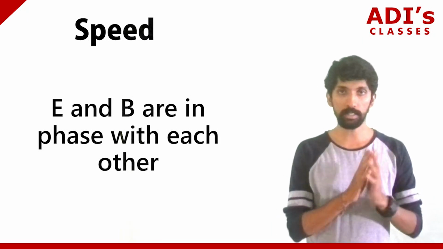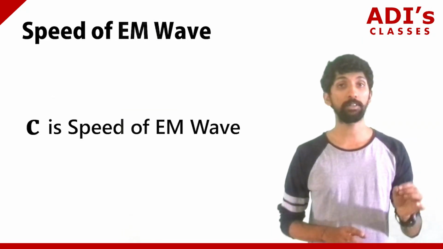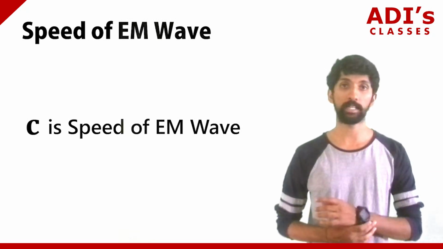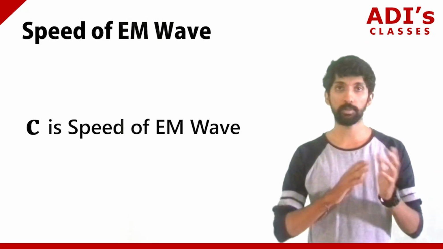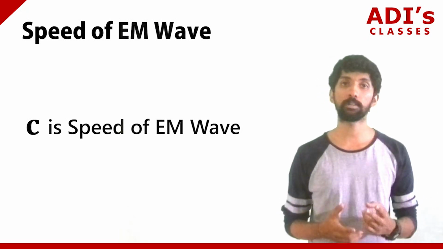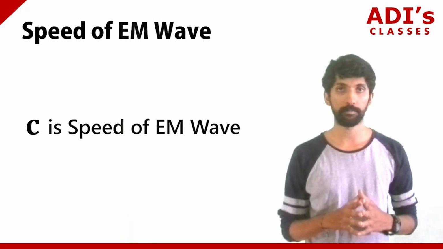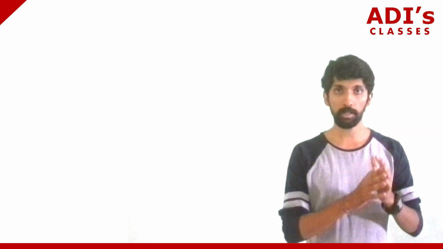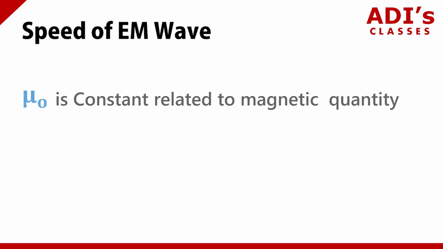Alright, so using this, we can tell the value of the speed of an electromagnetic wave, which we represent as C. Since we have both electric and magnetic fields here, we get the two important constants, epsilon naught and mu naught. Always remember, epsilon naught is a constant related to electric quantity, and mu naught is a constant related to magnetic quantity.